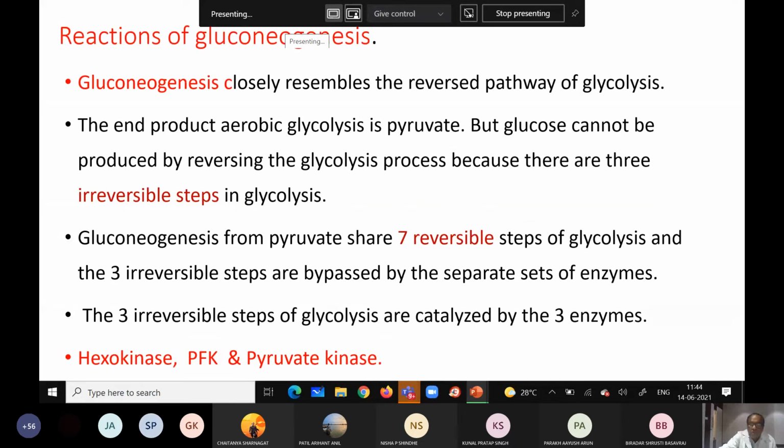Regarding the reactions of gluconeogenesis, we will take them in the next class.